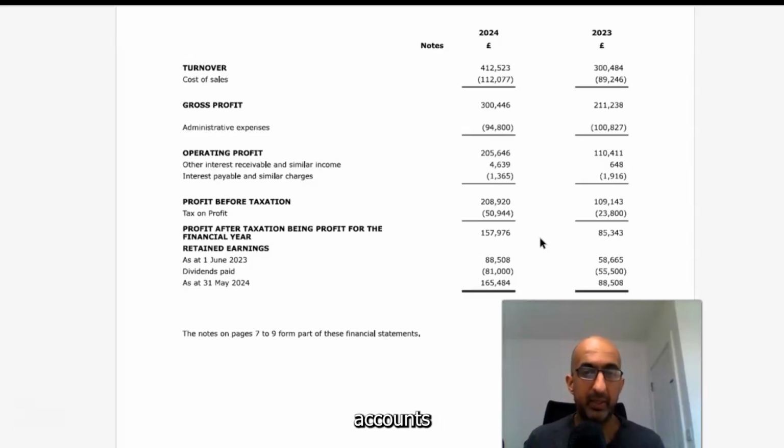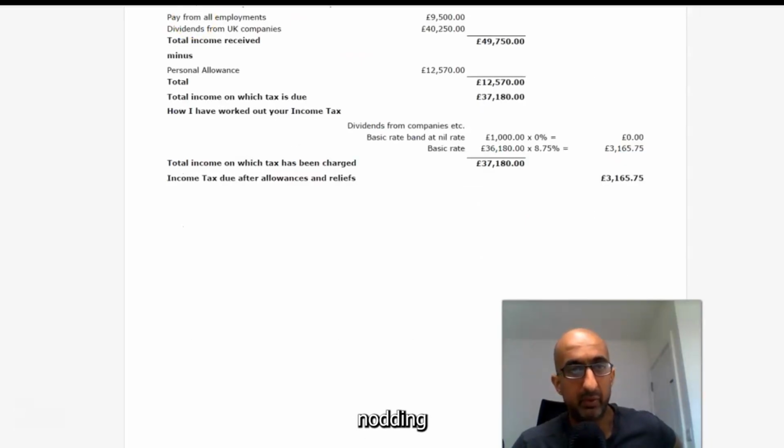I'm looking at the company accounts versus the personal income, and which is going to work out better for the client. If both methods work, that's fine. We'll just get the lender with the best rate, and it's dead straightforward. But as you start paying higher rate tax on your personal tax, when you start getting over 50,000, if you're watching this and you've got that problem yourself, you'll be nodding your head thinking, yeah, I know what you mean.